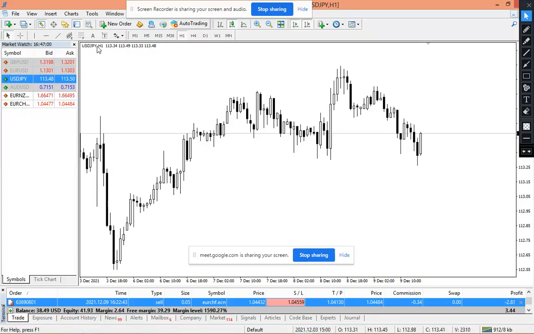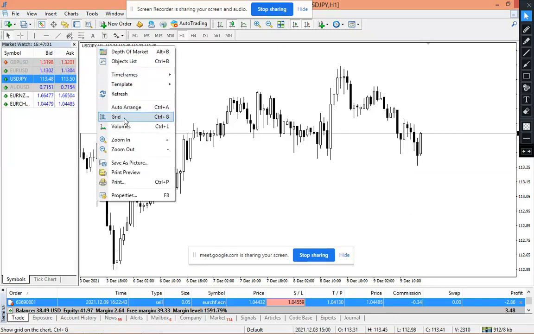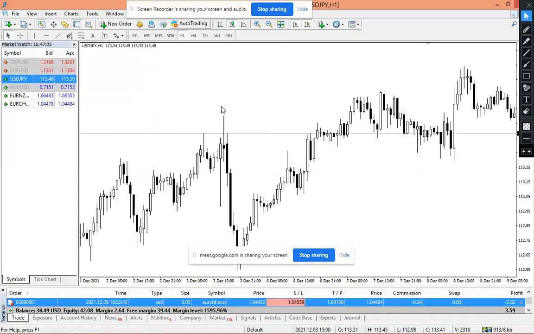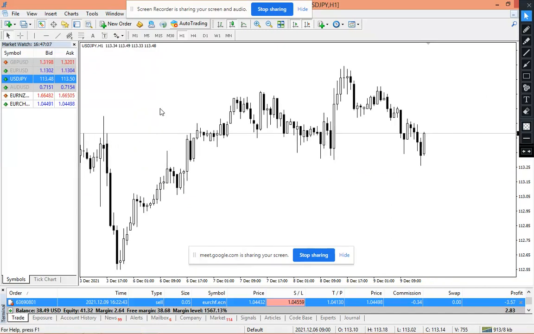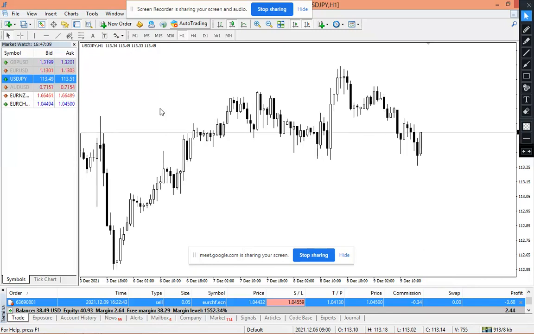USDJPY. Why is it not showing this? Okay, let me execute the trade on my phone.